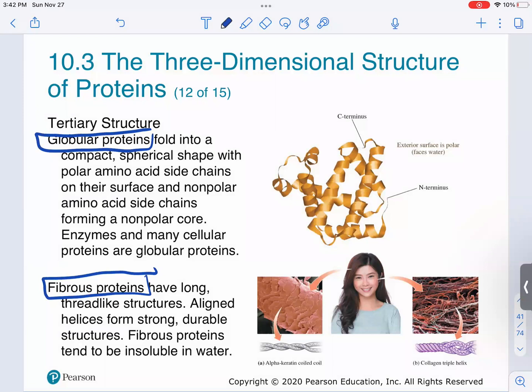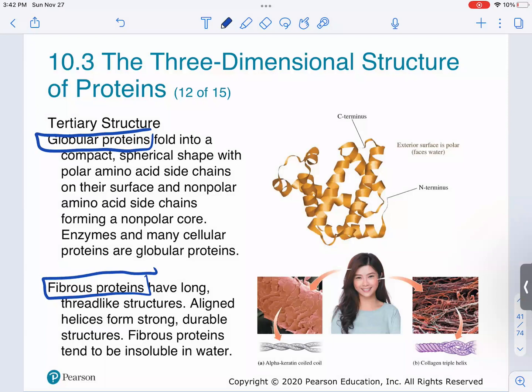Globular proteins are going to have this compact spherical overall shape with the polar amino acid side chains on the surface and the nonpolar on the inside in the core. And this is what's going to be true of many enzymes and cellular proteins. Your skin and your hair are made of fibrous proteins, all right, like keratin. They're thread-like structures, very strong, very durable.